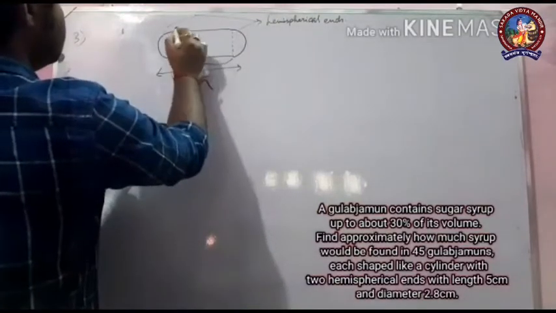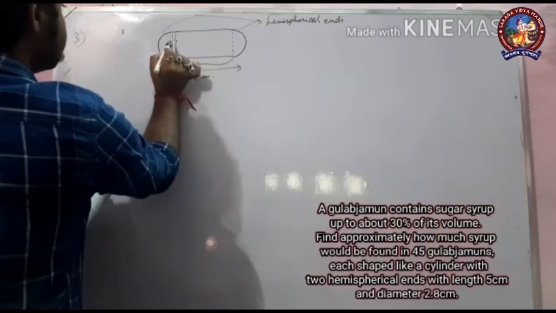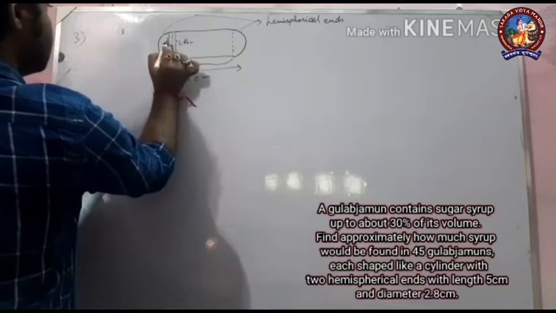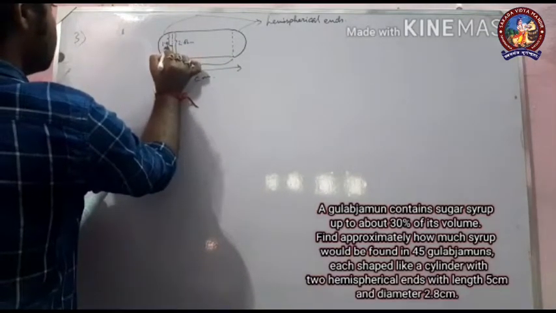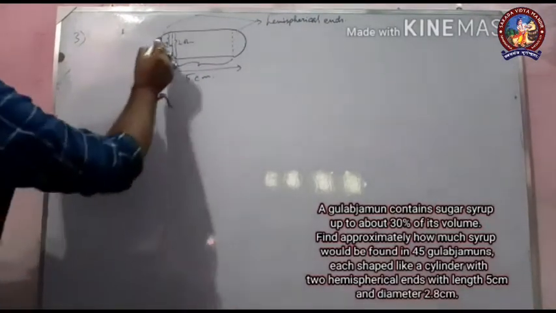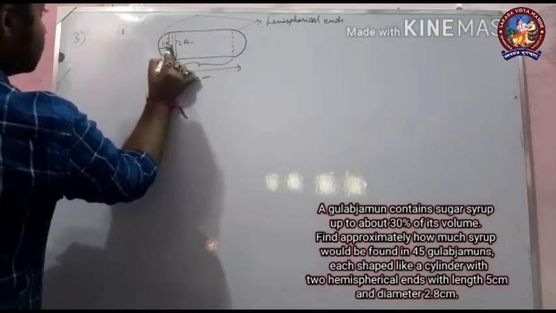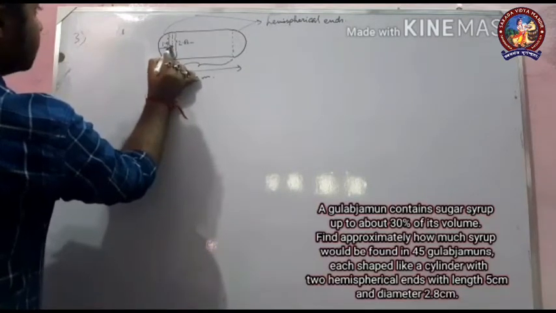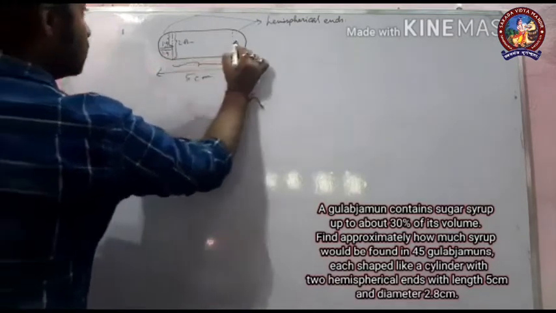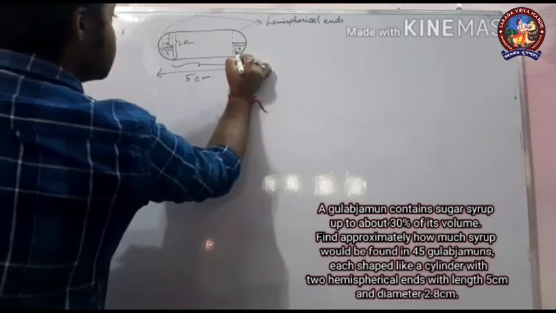That means the total is 2.8, so this much is 1.4. Since it is a hemisphere, this is also equal to the radius, so this is also 1.4 centimeter.